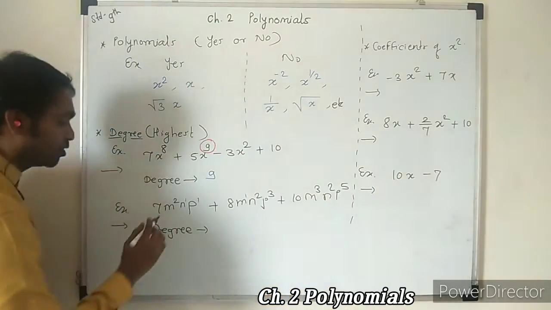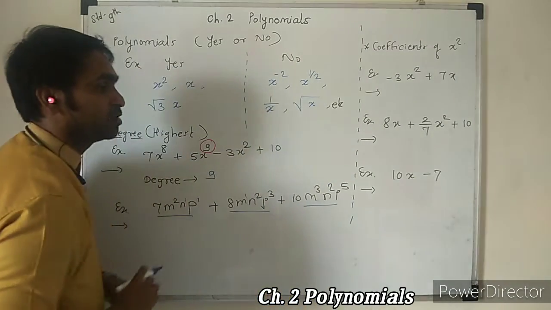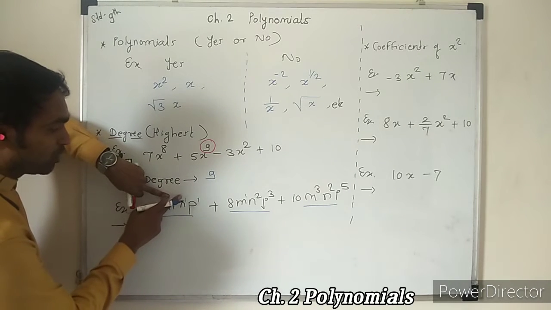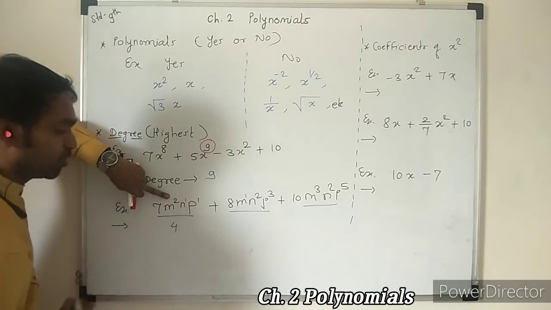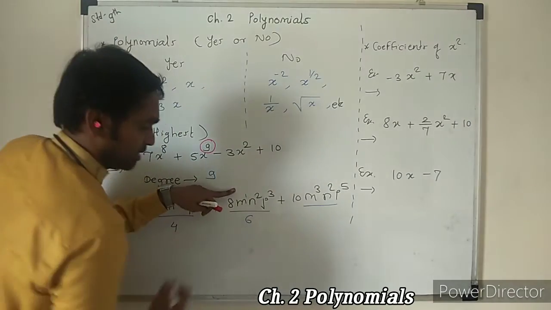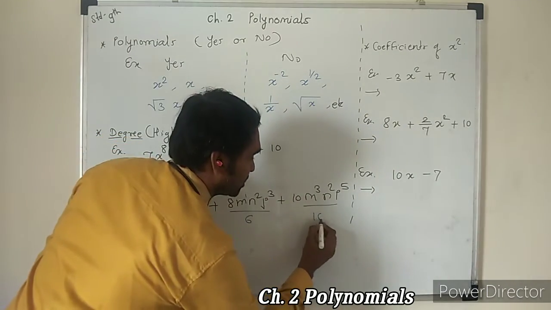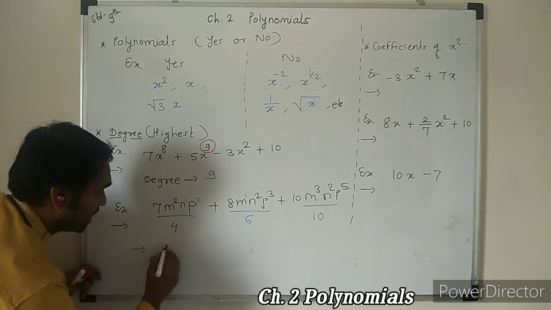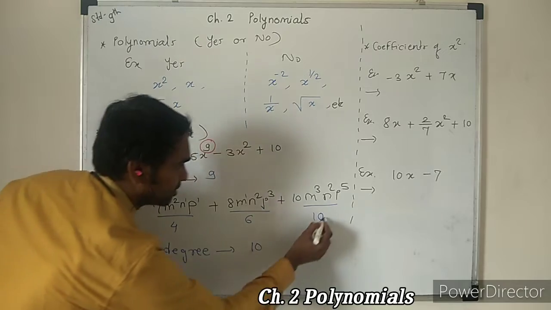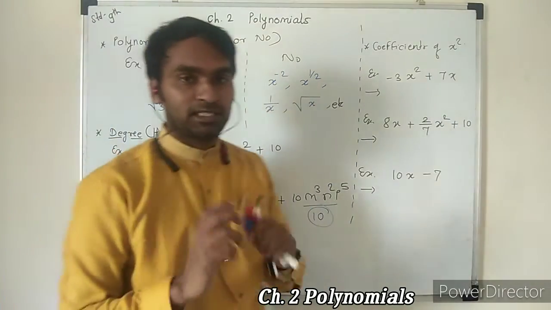Here, term by term, you add the powers to get the degree. First term, 2 plus 1 plus 1, that is 4. Second term, 1 plus 2 plus 3, that is 6. Third term, 3 plus 2 plus 5, that is 10. So what is the highest degree? Highest degree is 10, that is the third term. This way you have to write the highest degree.